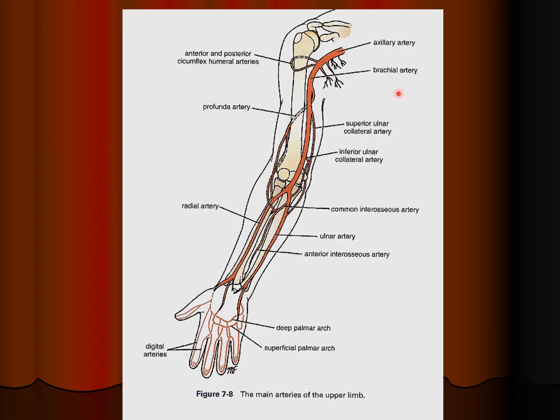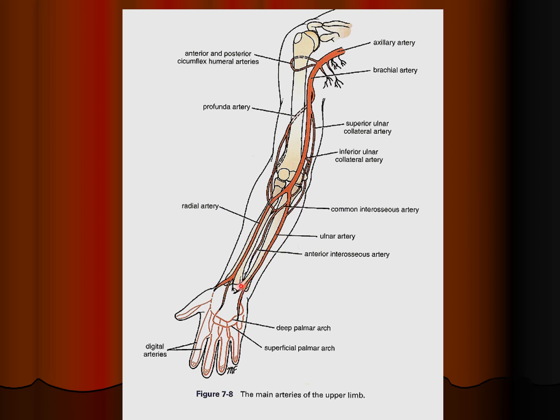So that is all about the arterial supply of the upper limb, starting from the axillary artery, which is a continuation of the subclavian artery. When it reaches the outer border of the pectoralis major, it becomes the brachial artery, and the brachial artery will move forward, and at the cubital fossa it divides into radial and ulnar. Radial will move toward the lateral side and the ulnar artery will move medially.